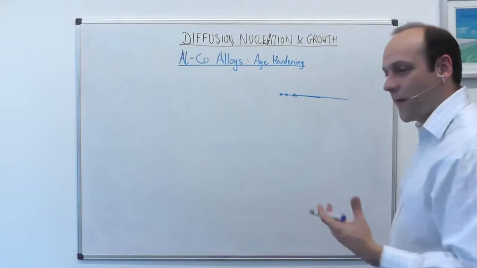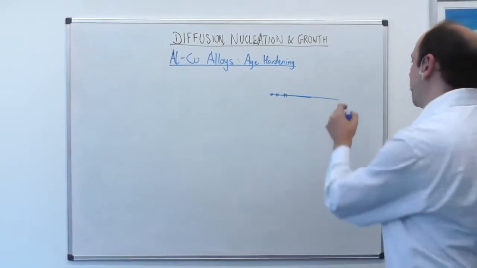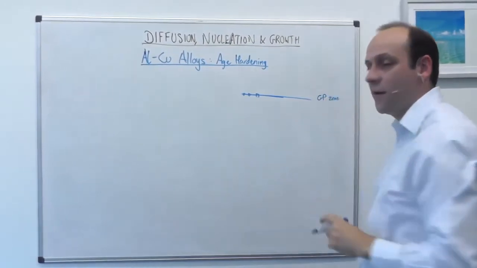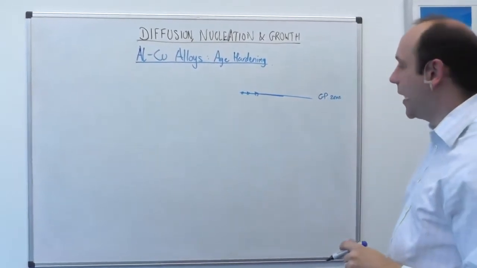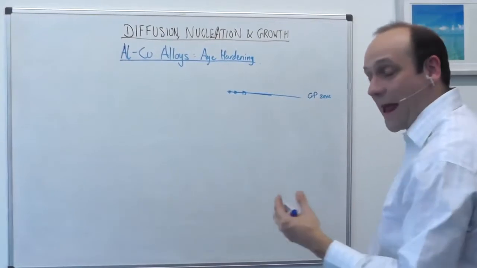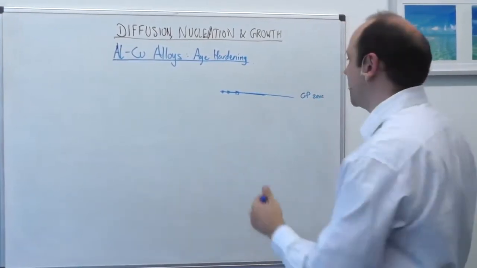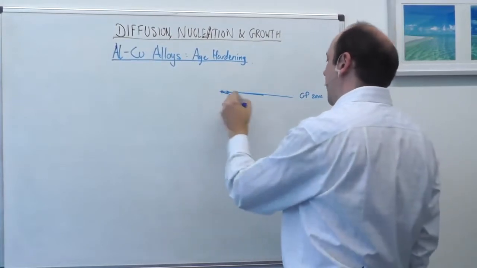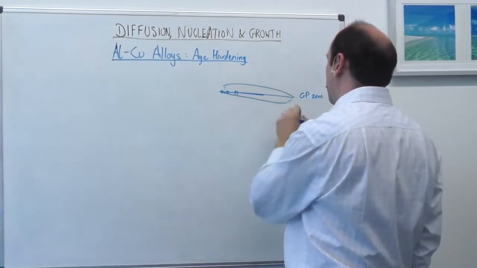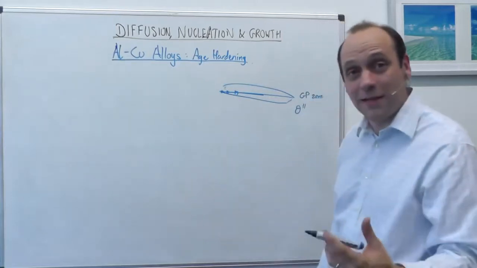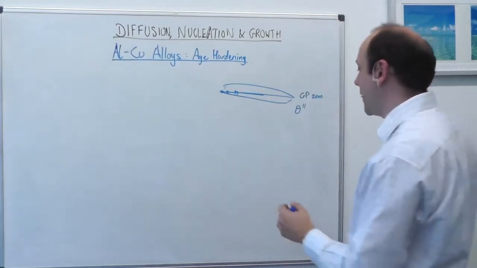And if you look at the phase diagram, the GP zone doesn't appear on the phase diagram. It then acts as a nucleation site that you can grow another precipitate on, and so it gets consumed, which is called a theta double prime precipitate. And that also isn't on the phase diagram. It's not the stable phase.